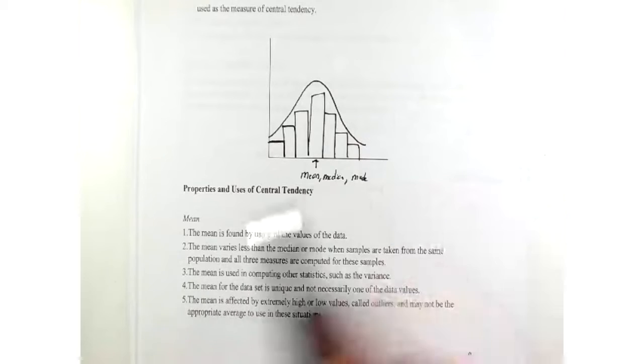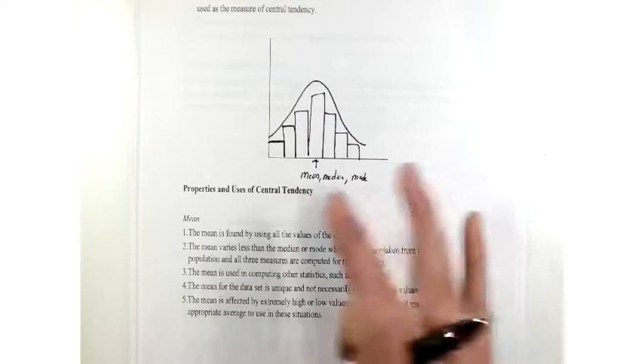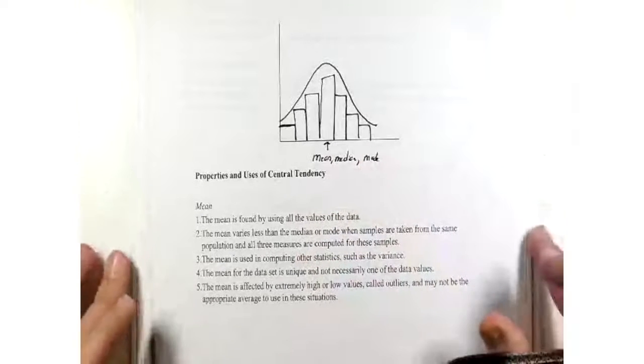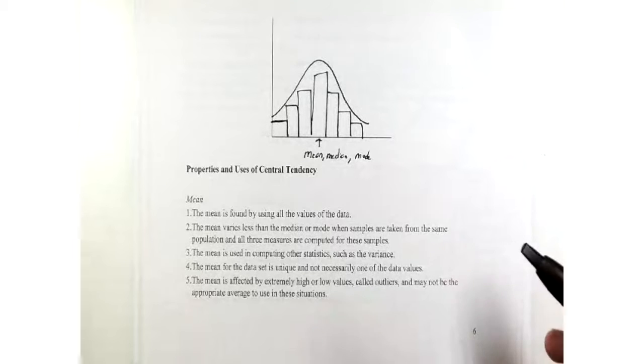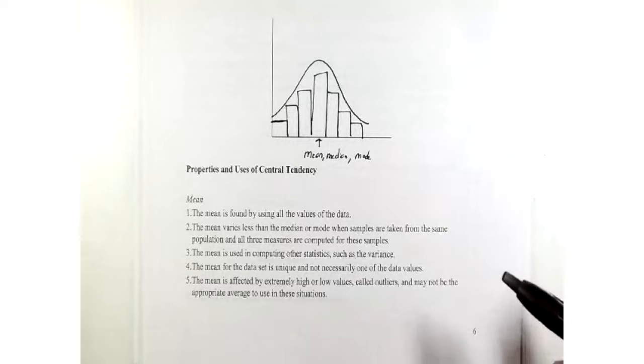We use the mean in computing other statistics, such as the variance. That's what we're going to talk about in section 3.2, the measures of variation. We have the variance and the standard deviation. You could also have something called the interquartile range. The mean is affected by extremely high or low values, which we can call outliers.